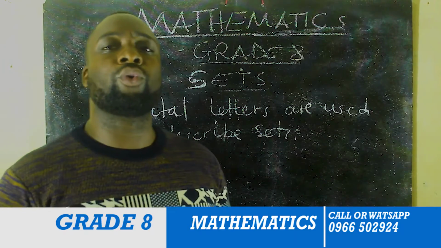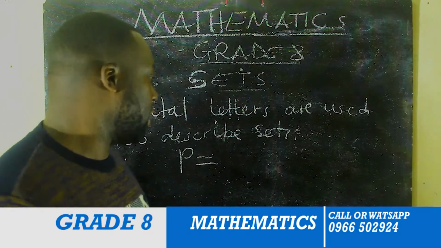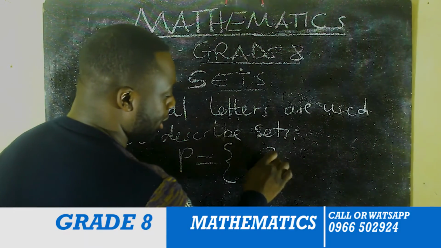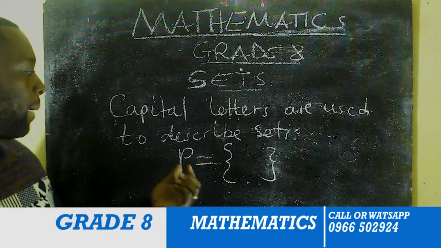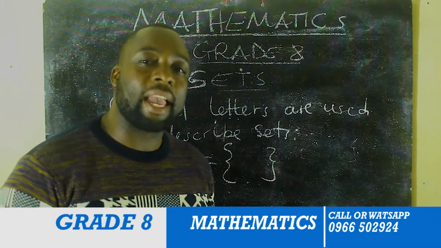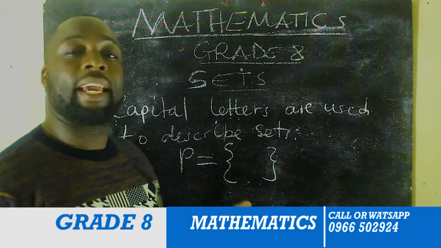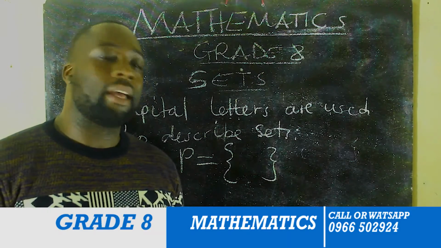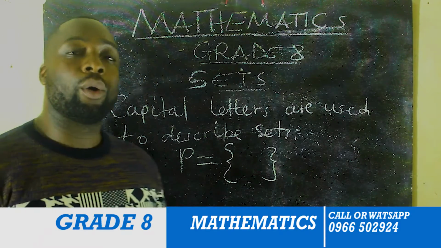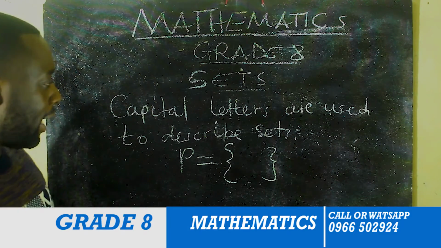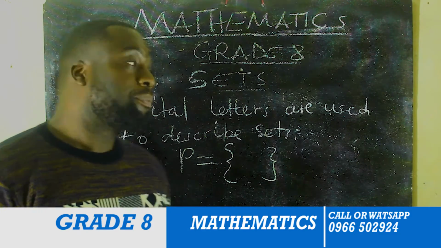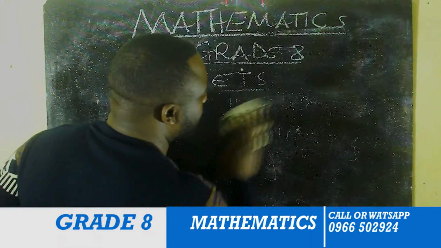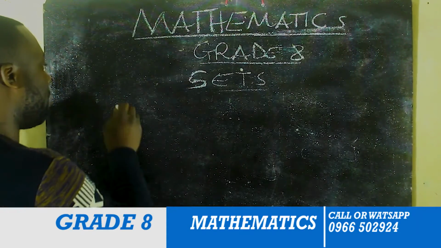Then we also use what we call curly braces. And inside the curly braces, that's where you list the members of a set or the elements of a set. Are we together? Yes. So let's look at an example.